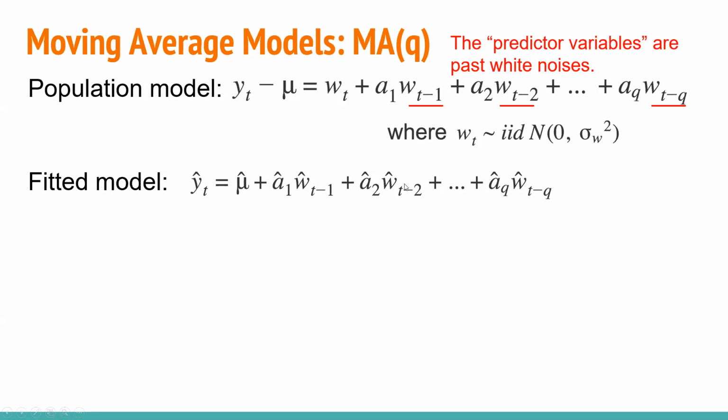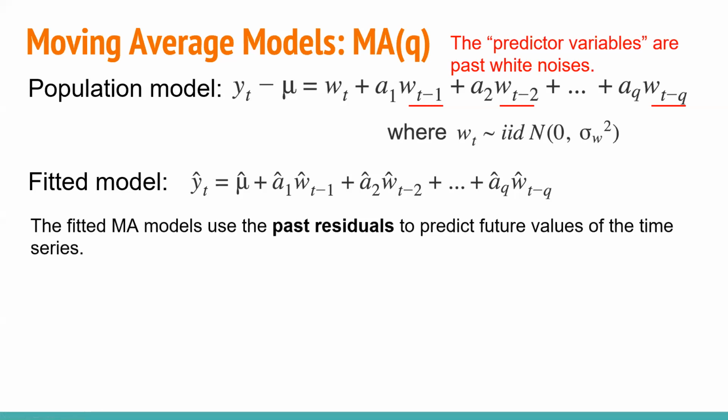This is the past white noise, and so on. So in essence, the predictor variables are the past white noises. That is why I said the fitted MA models use the past residuals to predict future values of the time series.